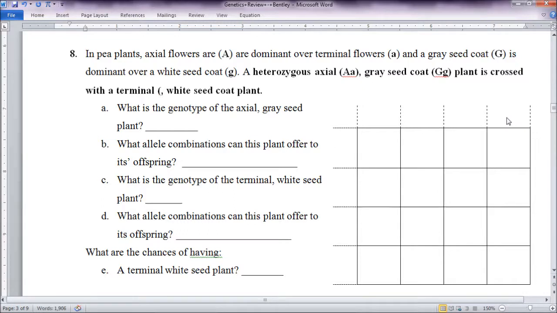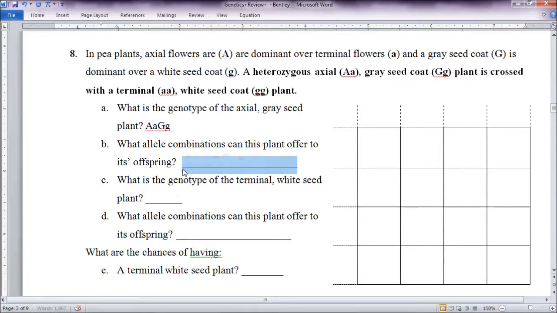So terminal will be little a, little a, because it is recessive. And the white seed coat must be little g, little g, because it is also recessive. So the first plant was big A, little a, big G, little g.